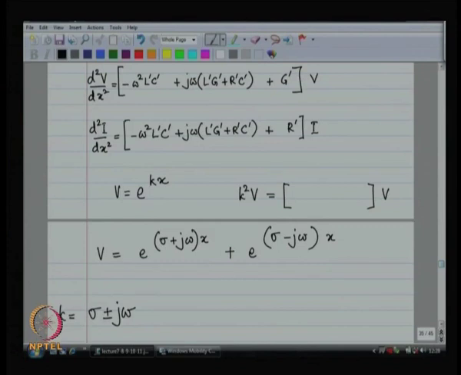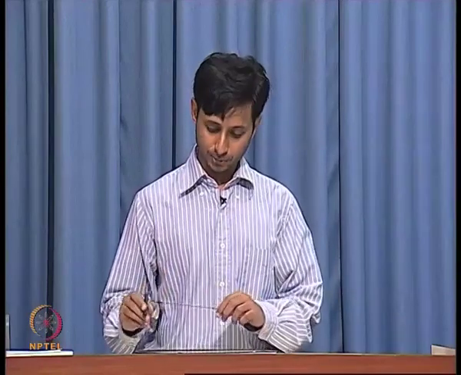So, what we did in the previous class, let me just remind you. This was my final solution to the equation, and we said that voltage is e power sigma plus j omega x times e power j omega t, and then I find out the values of sigma and j omega by taking the appropriate square root, and then I build up my function.